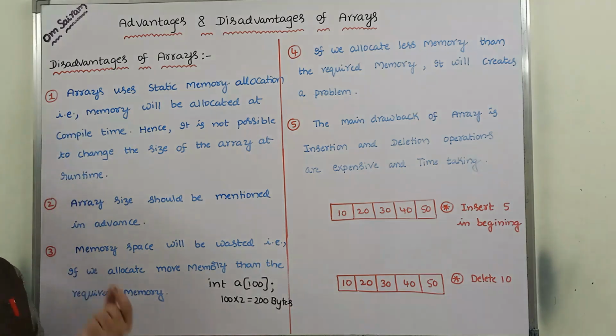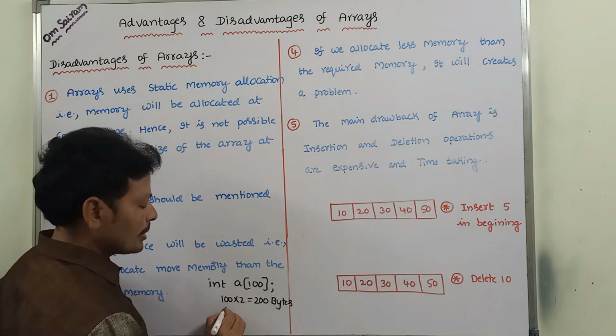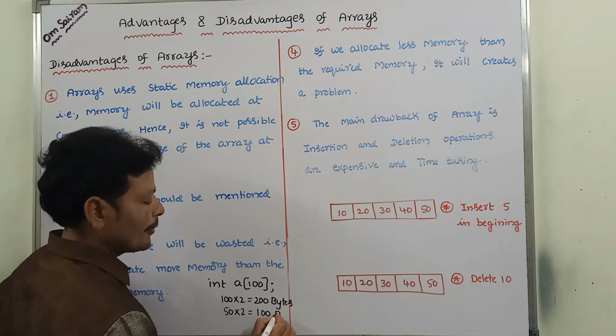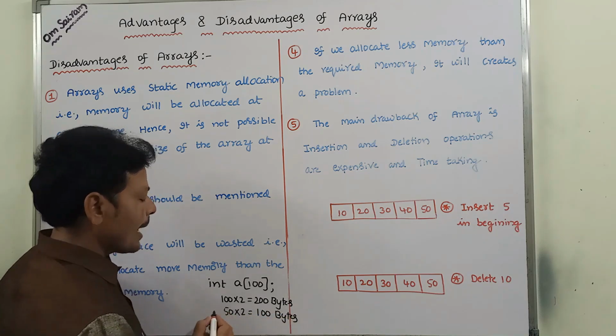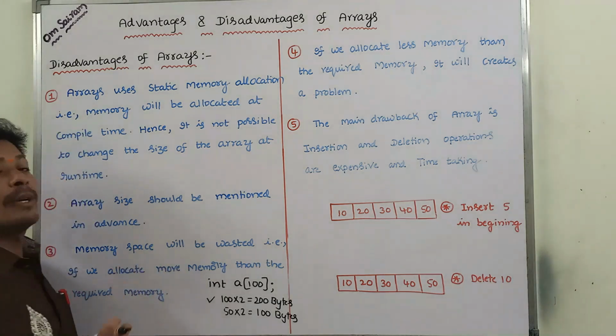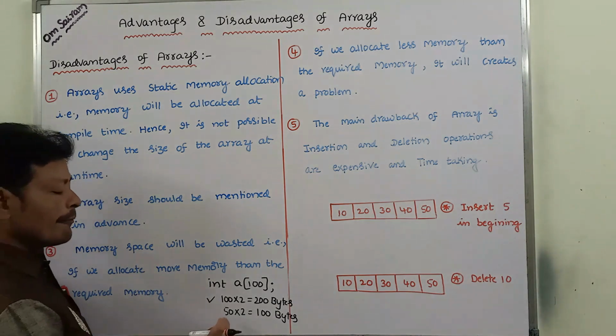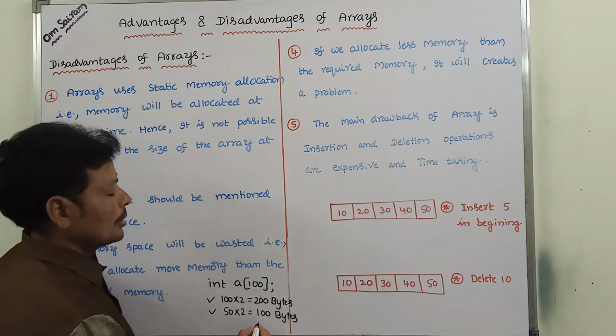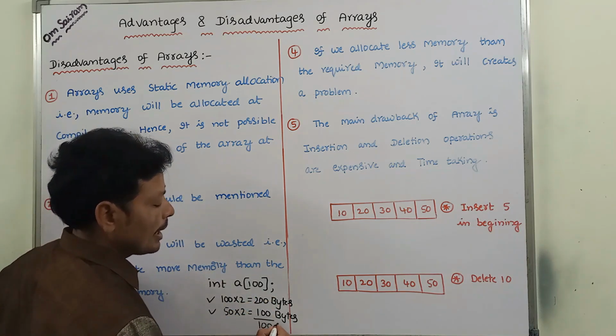But I require only to store 50 elements. For 50 elements, the required memory is 50 into 2, that is 100 bytes. So 200 bytes allocated, 100 bytes required. How much memory will be wasted? 200 minus 100, that is 100 bytes of memory will be wasted.